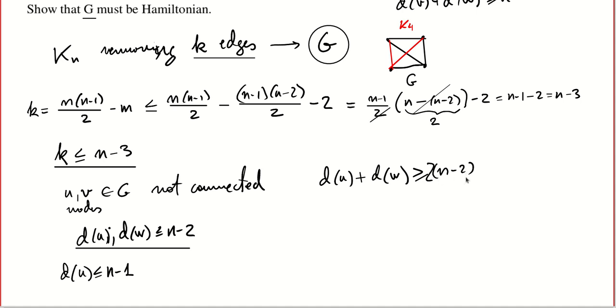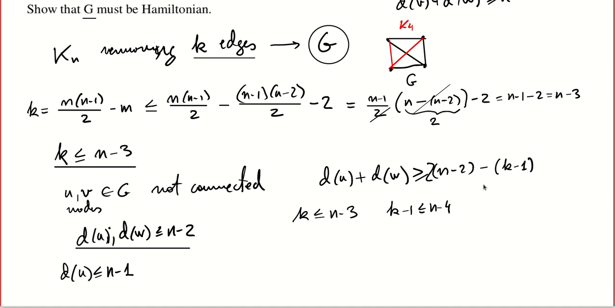But now we have to subtract the remaining links from either U or W, which means that we have to subtract from this sum the k minus 1 remaining edges. Now, k is smaller than or equal to n minus 3. So k minus 1 is smaller than or equal to n minus 4.